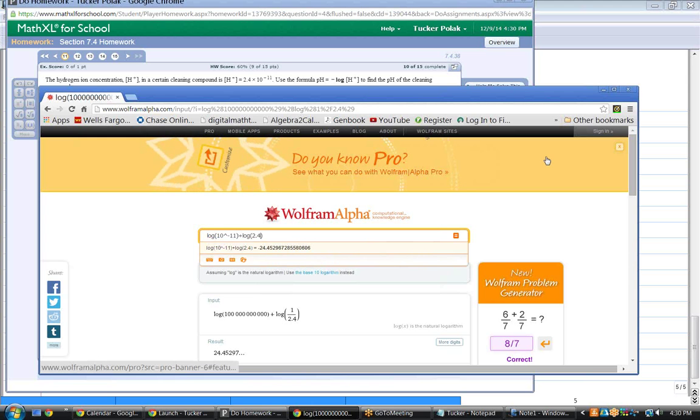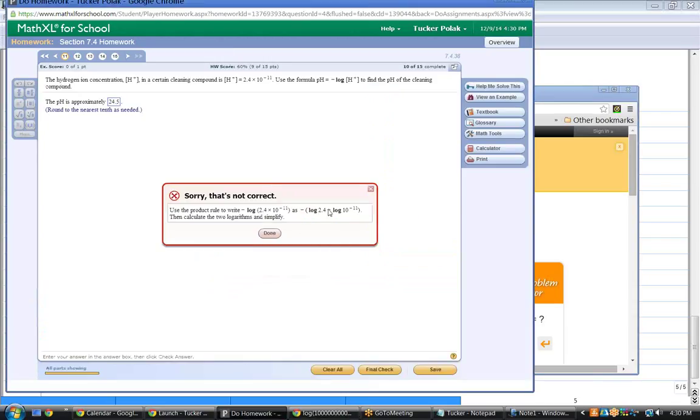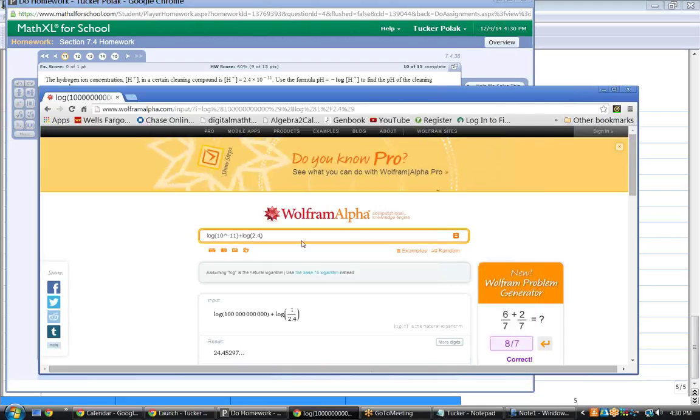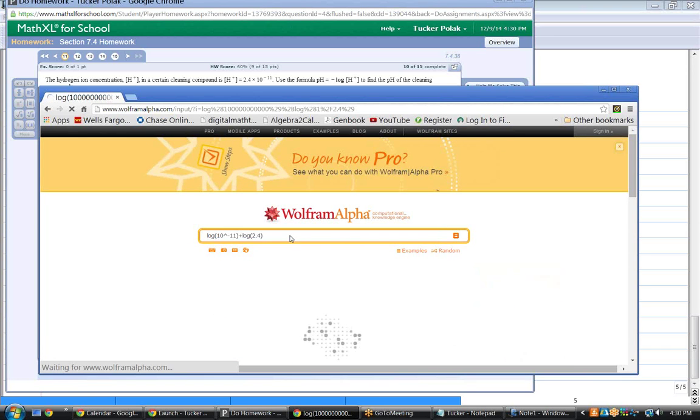No, let's do it the way they're suggesting, which is to calculate this part right here, the part that's inside the parentheses. So I'm going to take the log of 2.4 and add to it the log of 10 to the minus 11th. Well, I know that's minus 11, but that's okay. I'm still going to do it like that. Let's see what they give us.